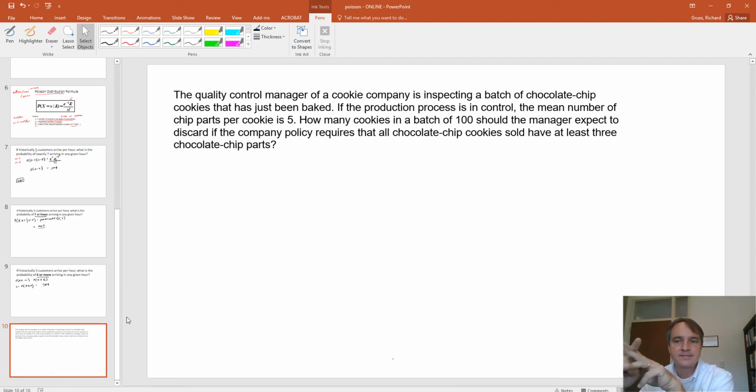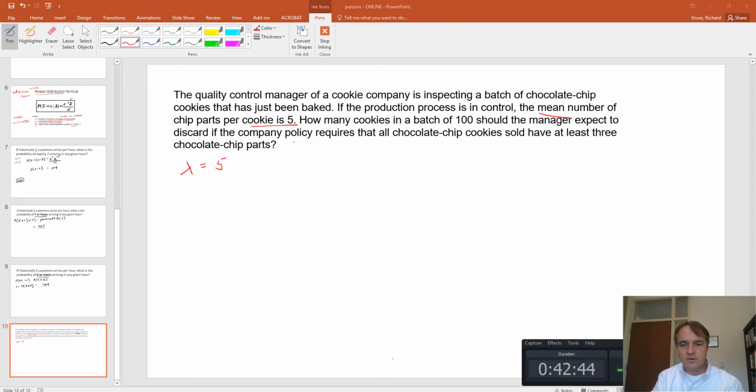If the production process is in control, the mean number of chocolate chips per cookie is 5. By giving us a mean number, we apparently already have a lambda, so lambda is 5. How many cookies in a batch of 100 should the manager expect to discard if the company policy requires that all chocolate chip cookies sold have at least 3 chocolate chips?